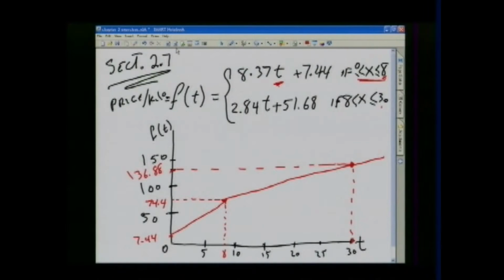Something like this. So this is sketching the graph. It means for the first 8 years, the price went up sharply and then slowed down a little bit for the next 22 years.